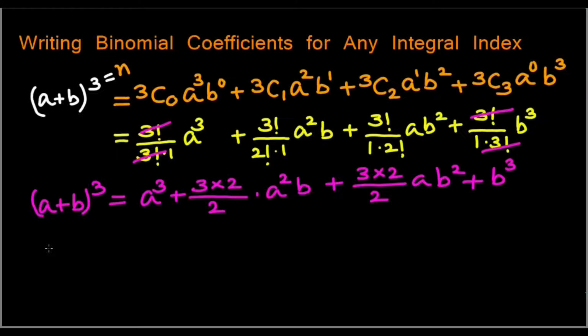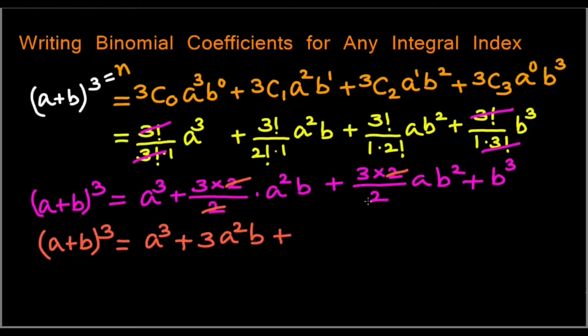So finally (a plus b) whole cube will be a cube, plus this 2 cancels with this 2, 3 a squared b, plus this 2 cancels with this 2, 3 a b squared plus b cube. So this is our well-known identity of (a plus b) whole cube.